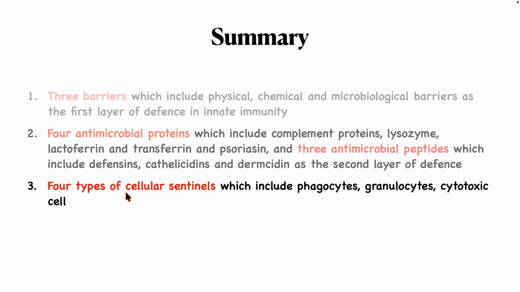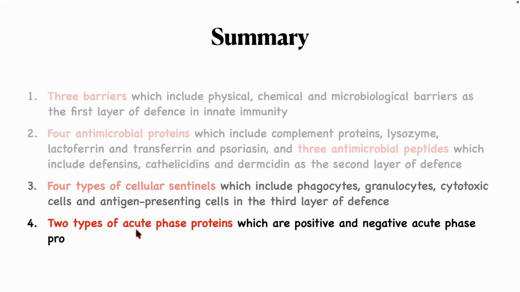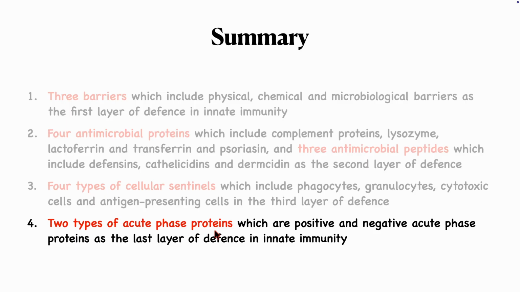In the third layer of defense, four types of cellular sentinels, which include phagocytes, granulocytes, cytotoxic cells and antigen-presenting cells, were explained. In the last layer of defense, I explained the acute phase proteins, which are composed of positive and negative phase proteins.